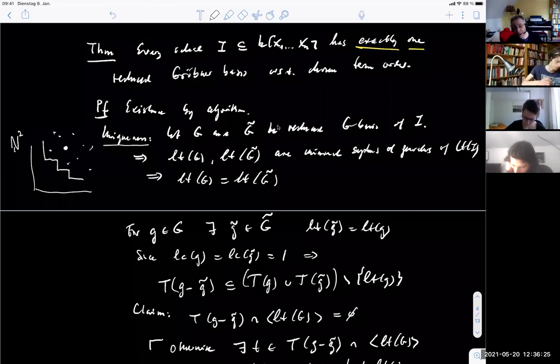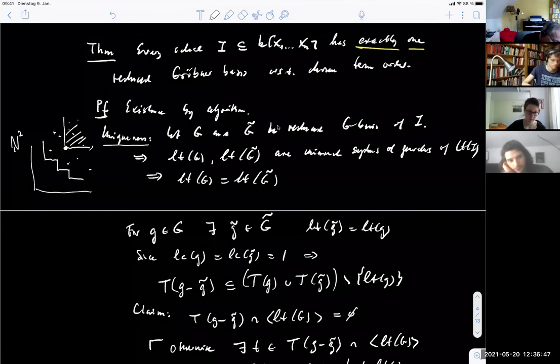Combinatorial object. And what does it mean to be an ideal? It means whenever you have a point, the whole quadrant must be contained in the ideal. So all of the points here must be in it. Now, you also know we proved it is finitely generated.